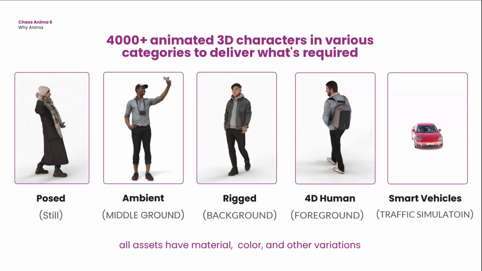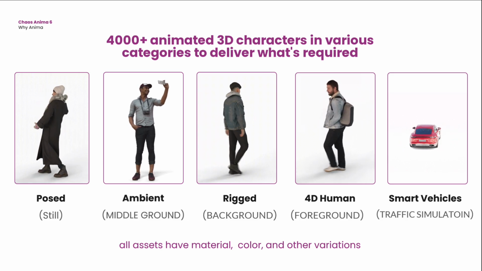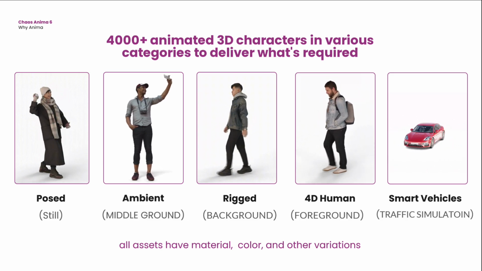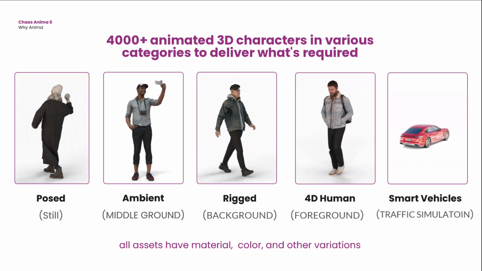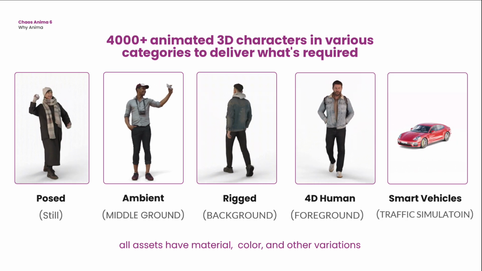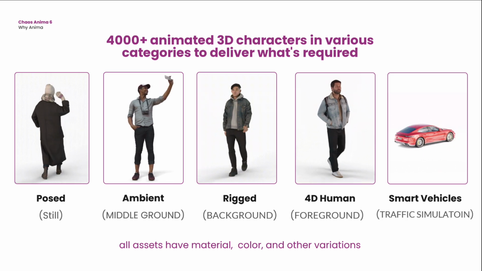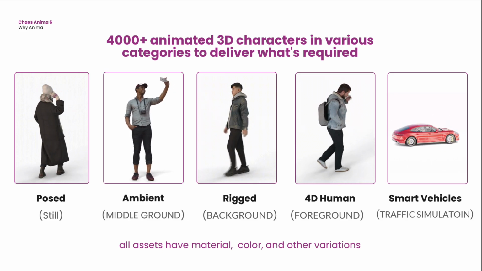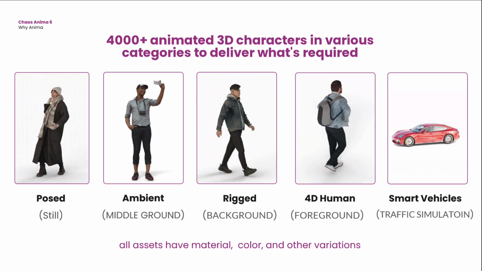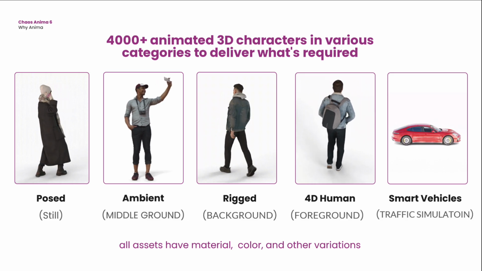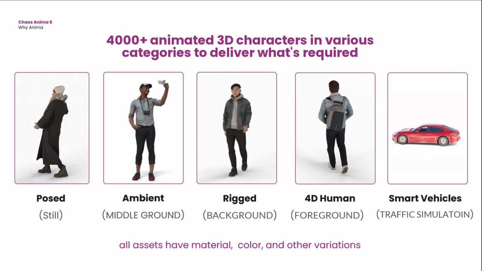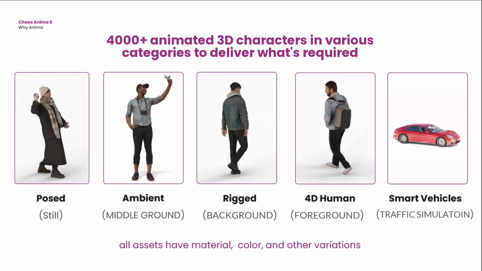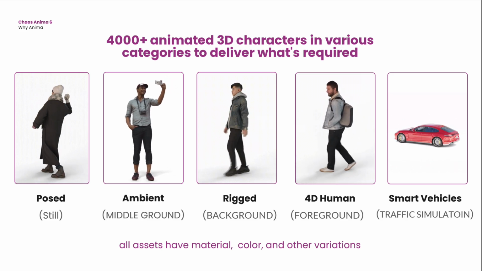Anima assets also come with predefined variations, making it simple to customize elements like an actor's shirt color or to swap in new animation clips to adjust the movement of a character to fit your exact needs. And for ultimate flexibility, we can help connect you to a 4D scanning service, enabling you to create completely custom characters and assets tailored specifically for your use case and projects.